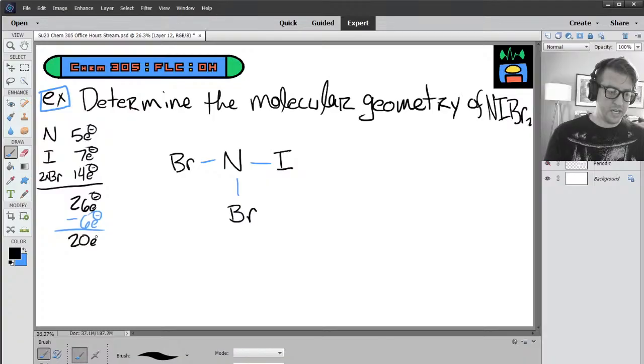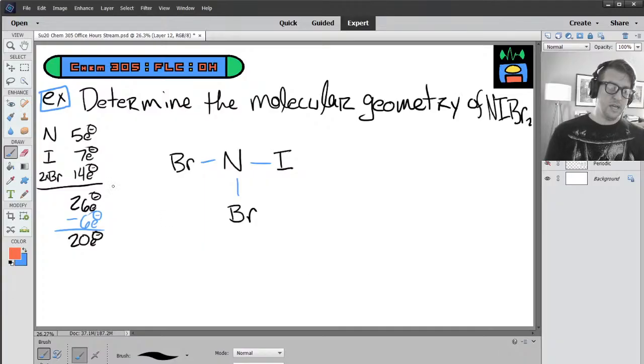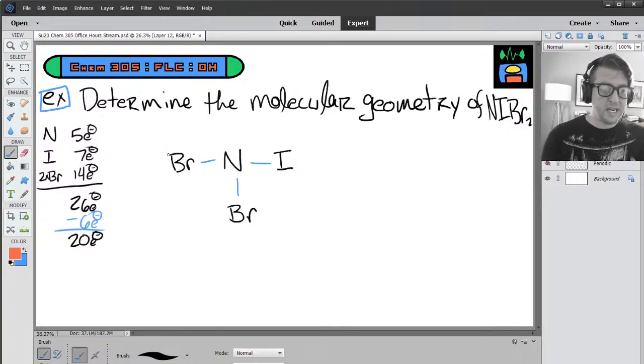Leaving us with 20. Now, when you look at bromine, bromine has access to 2 electrons. It needs 6 more. We have 6 in the budget. Leaving us with 14.